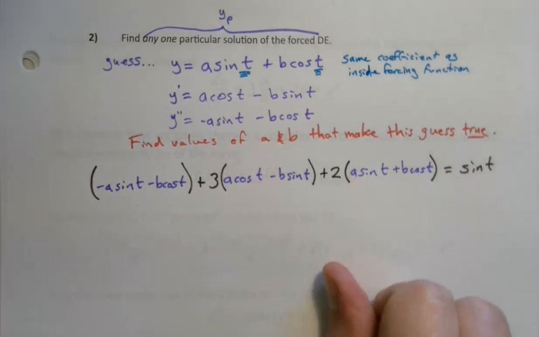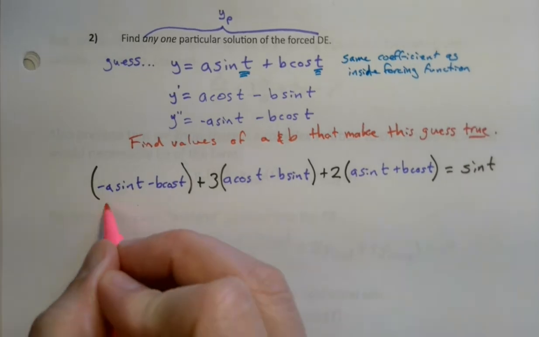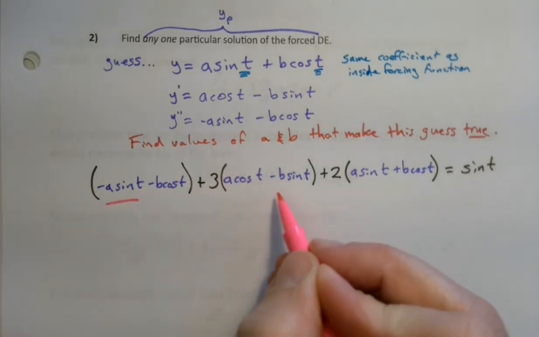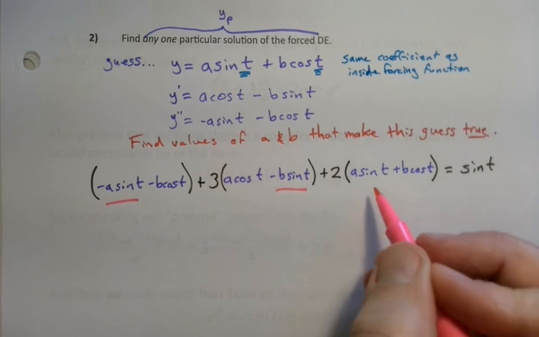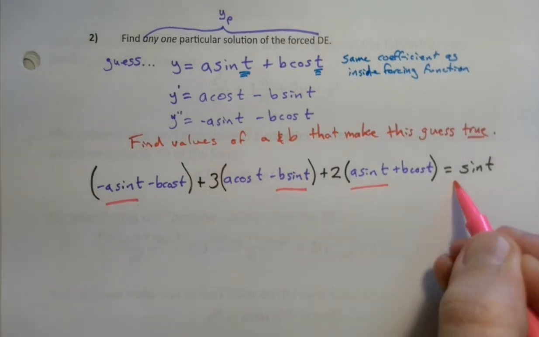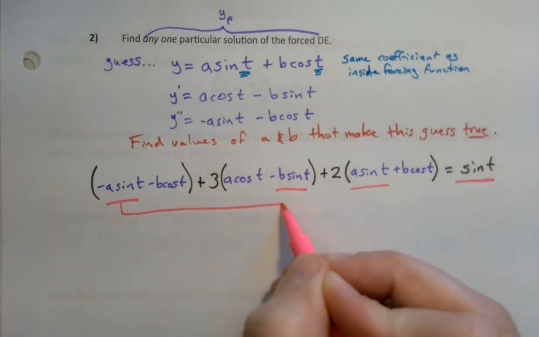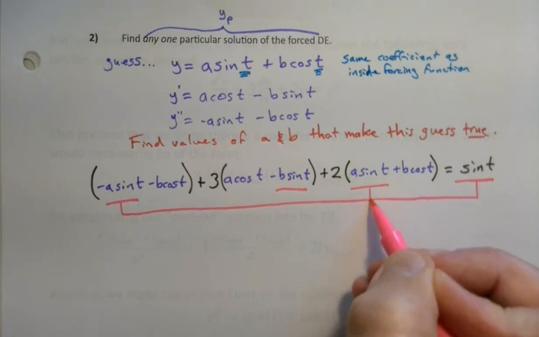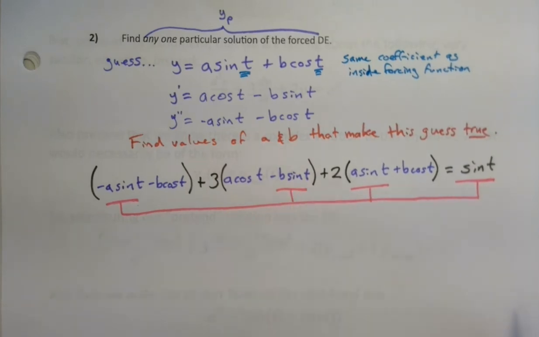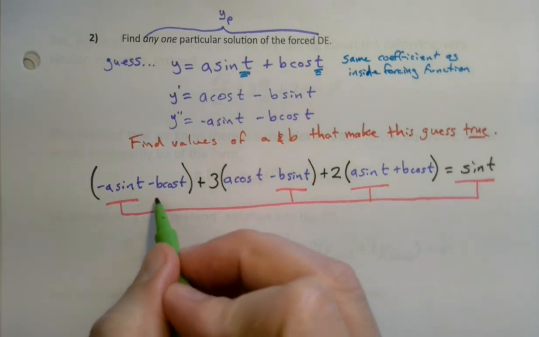So I'm going to underline all of these in the same color and say that's a sine term, this is a sine term, this is a sine term, and that's a sine term. And all of these have to play nice together and give me one equation. Then there's another equation asking about the cosine terms. I'm going to use a different color here so it shows up a little better.